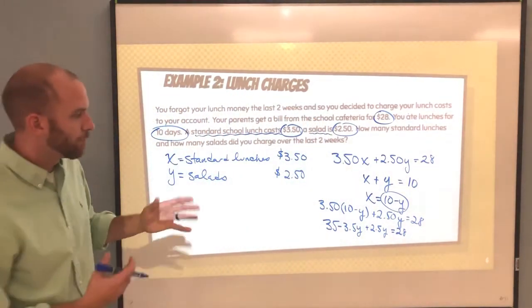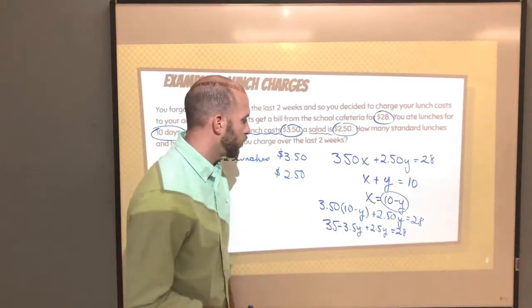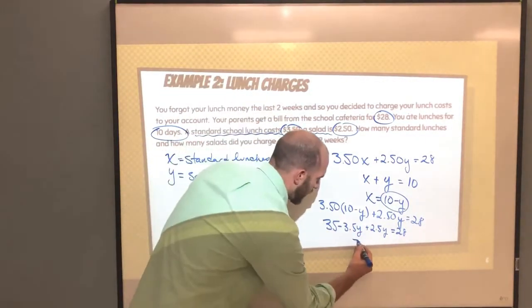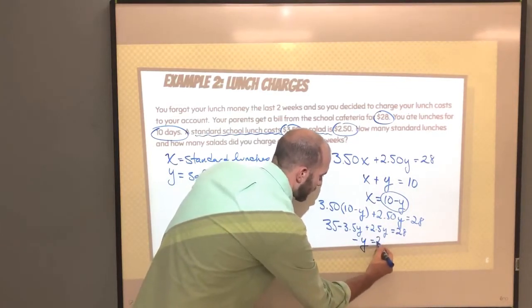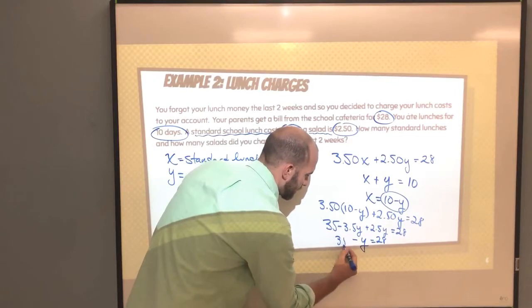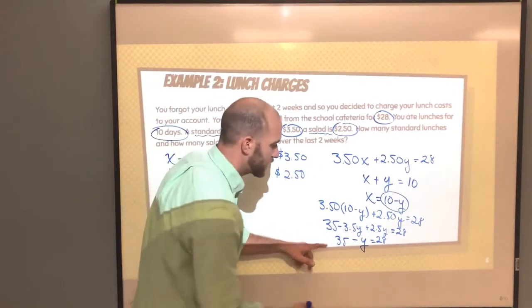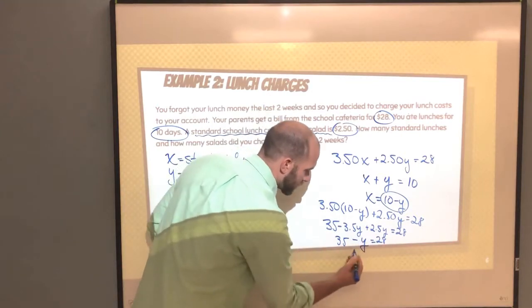Okay? Let's combine like terms now. Negative 3.5 plus 2.5 is going to be negative Y. And 35 is going to be left over. We didn't touch it yet. Okay? Now, from this point, let's add our Y to both sides, make it positive.